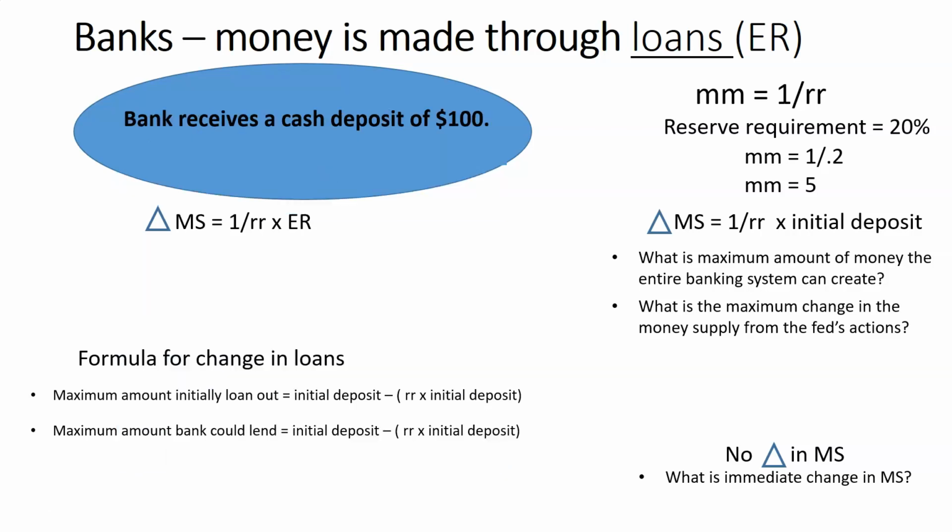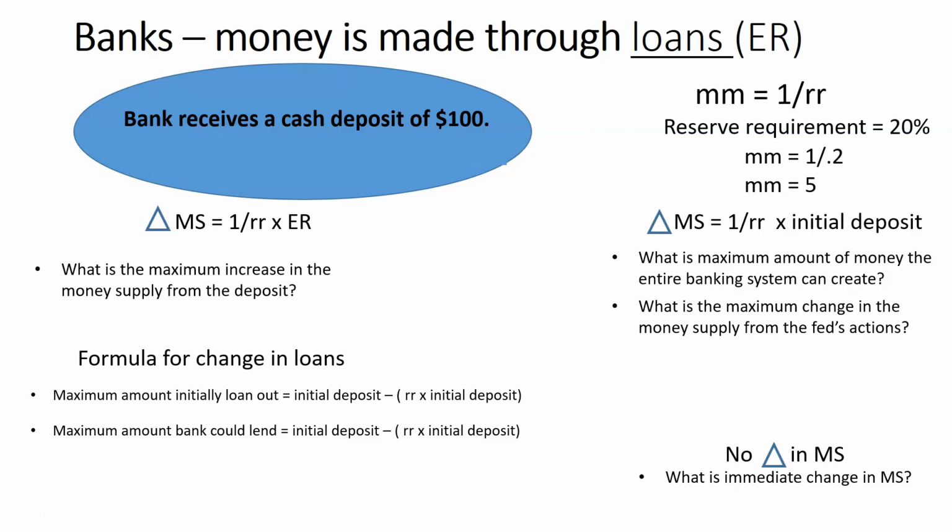The next one, the bank receives a cash deposit of $100. The first question is, what is the maximum increase in the money supply from the deposit? And when somebody deposits money into the bank, a certain percentage has to be taken out in required reserves.